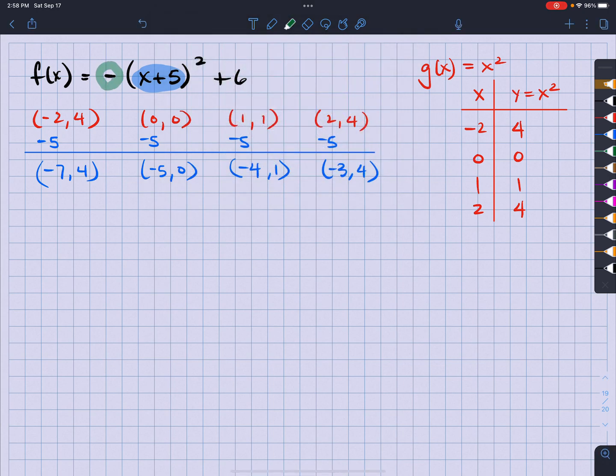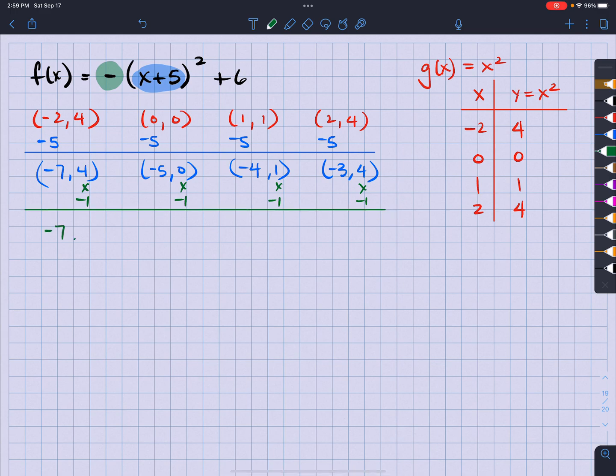So the next thing I got to deal with is going to be, because parentheses, exponents, multiplication, division. So I have to deal with that negative sign, which tells me to multiply the y by a -1. So I'm going to take the -1 and multiply it to the y. So multiply -1, multiply -1, multiply -1. Okay? Great. So now, what do I have?